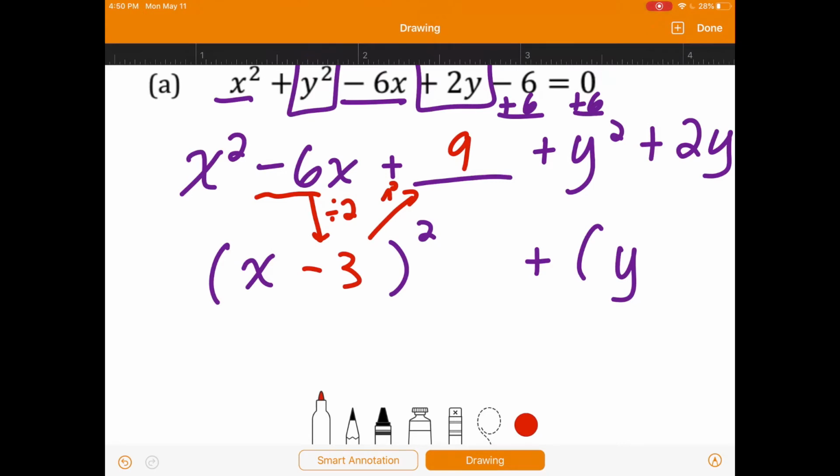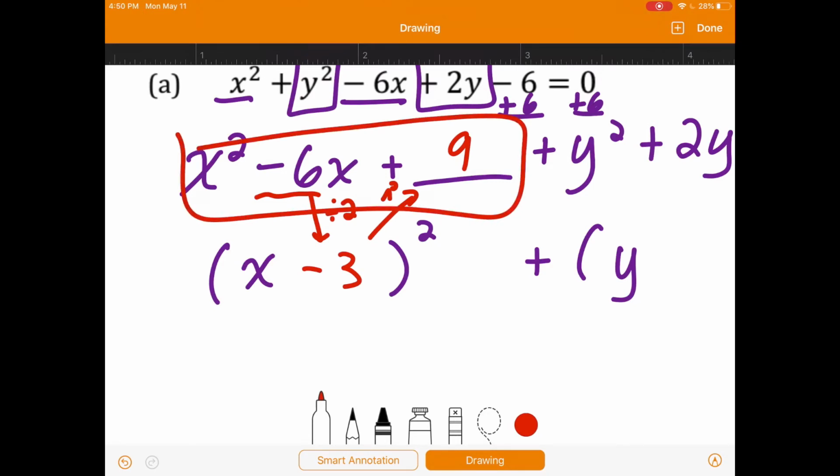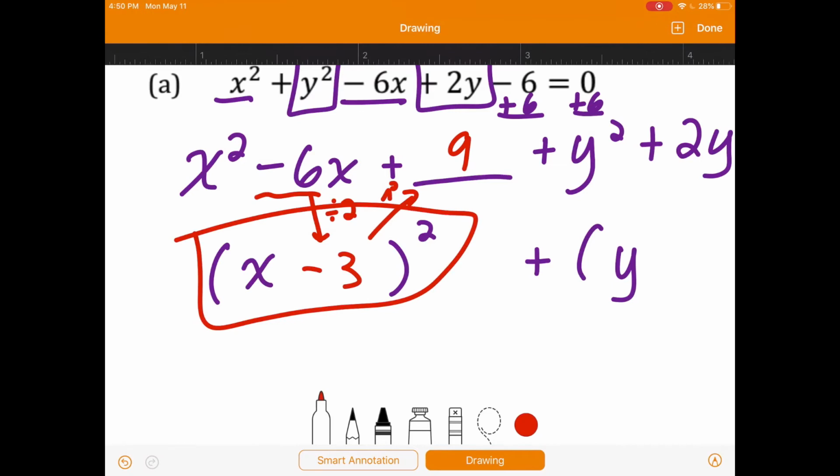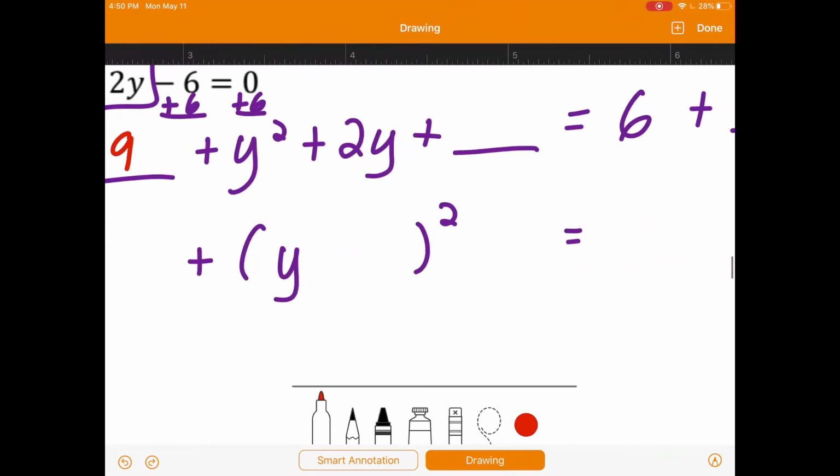And then if we were going to have this piece right here and we factored it, it's going to equal this. Okay, that's always going to happen. So this way is just a little bit faster for those of you who are doing each of these steps like this. And it works for everything that you're going to do. So if you take this piece and you divide this by 2, you're going to get +1, and then 1 squared is 1.